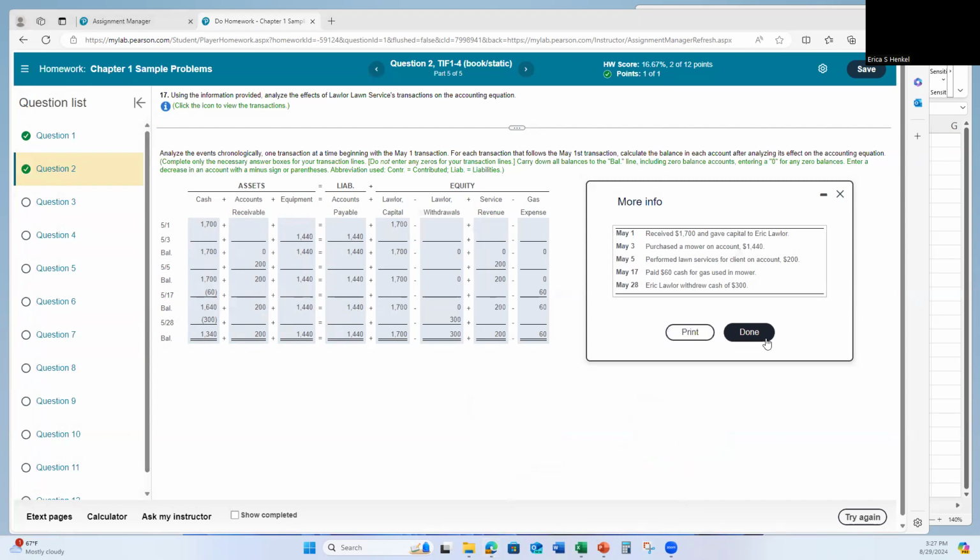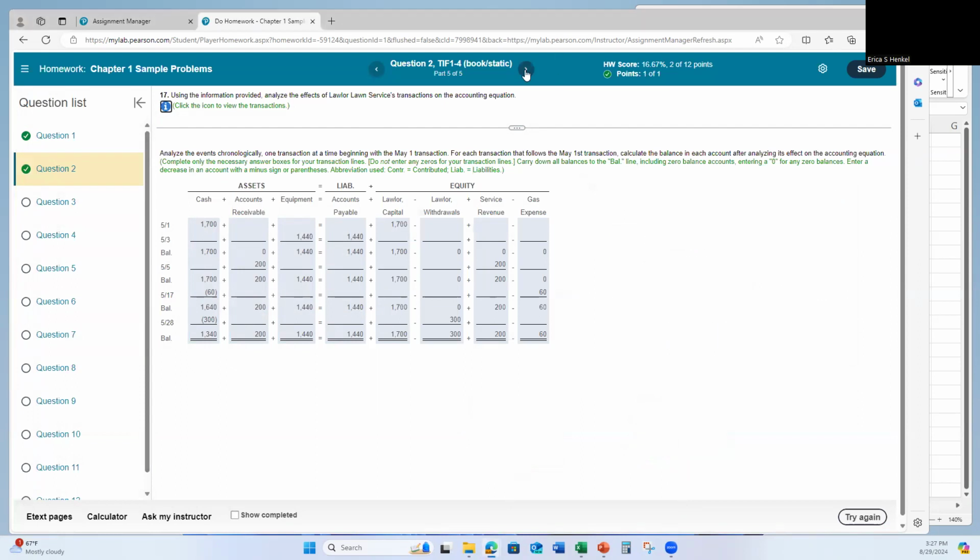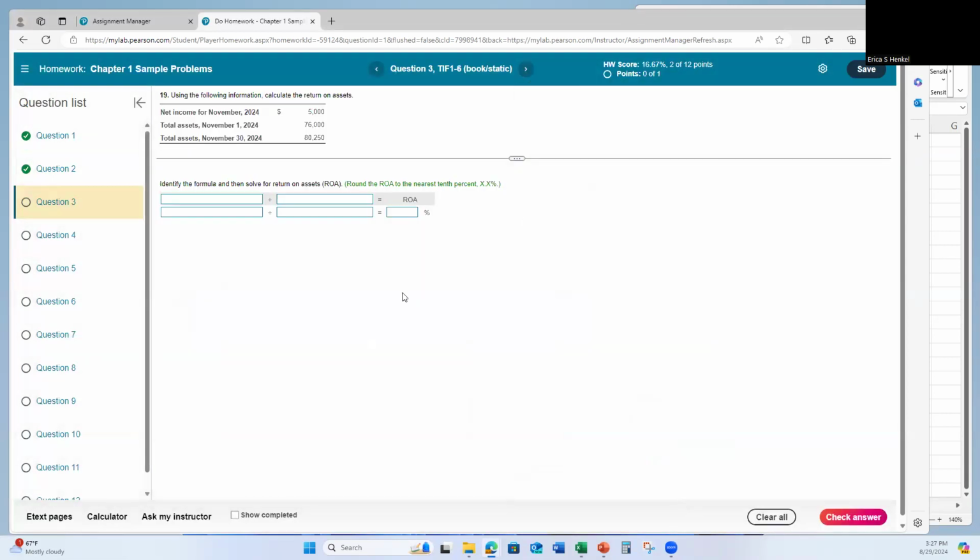Let's move on to problem number 3. Using the following information, calculate the return on assets. The return on assets formula is net income divided by your average total assets. What is return on assets?